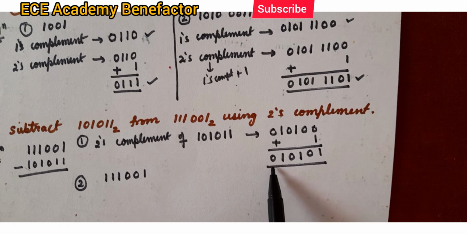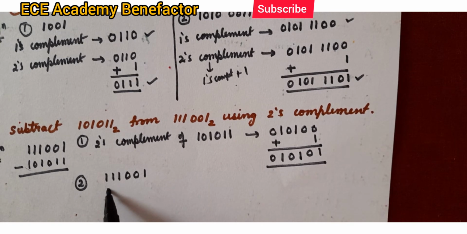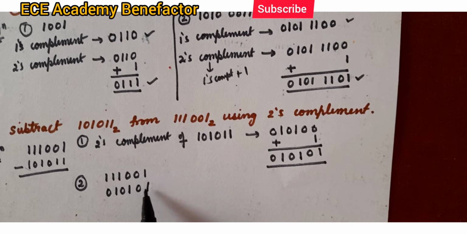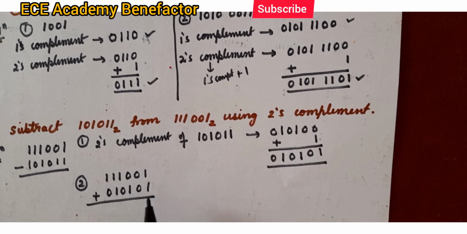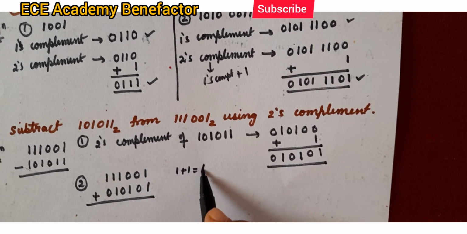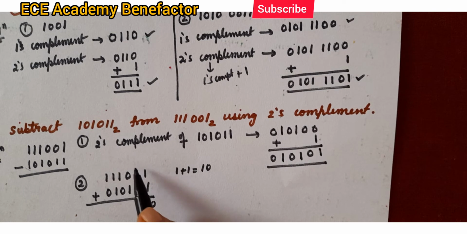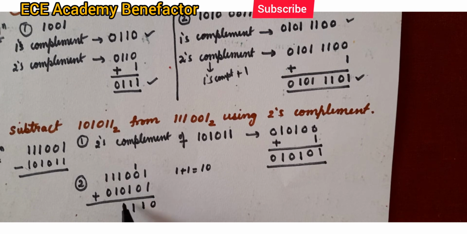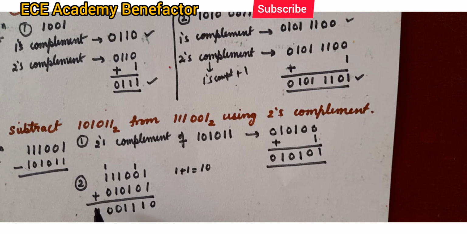Add this 2's complement 0 1 0 1 0 1, have to add it. 1 plus 1 is, what is 1 plus 1? 10, sum is 0, carry is 1, and here 0 plus 0 plus 1 is 1, 0 plus 1 is 1, 1 plus 0 is 1, 1 plus 1 is 0 with 1 carry, 1 plus 1 is 10.